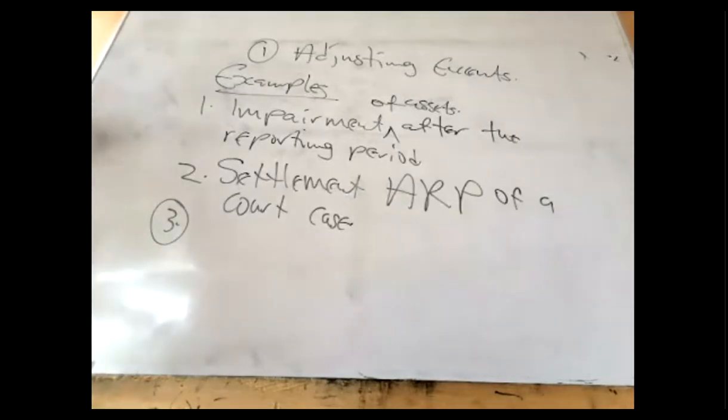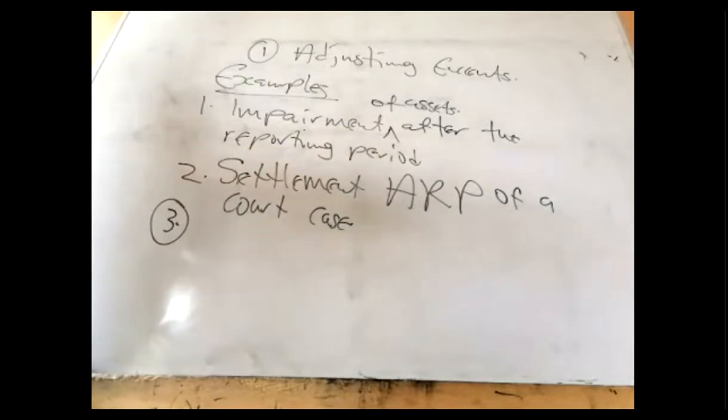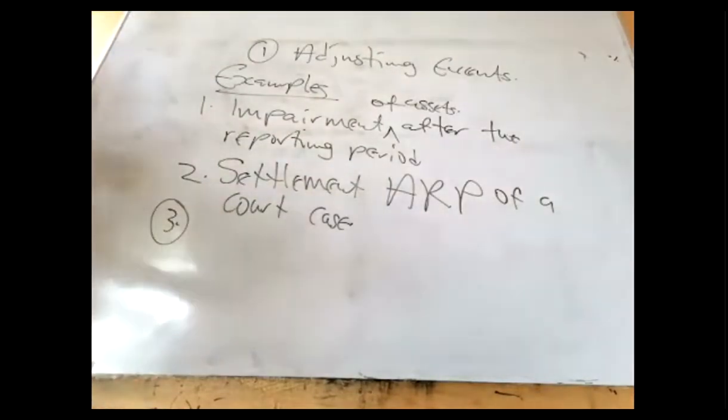So discovery of goods purchased or proceeds from sale after the year end, but these purchases or transactions took place before the year end.